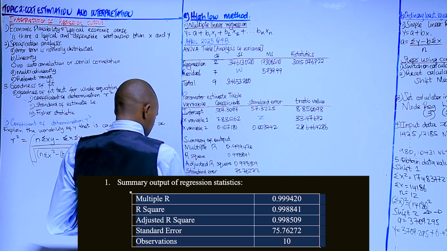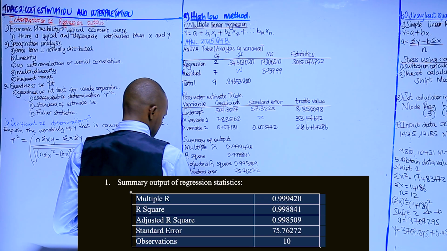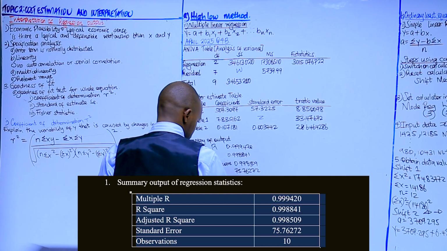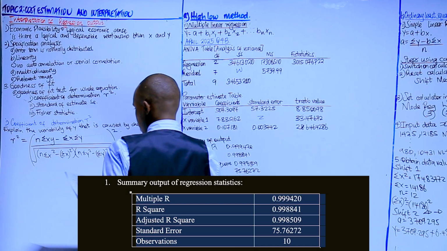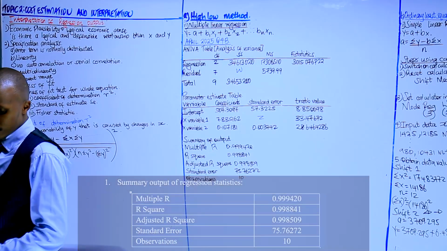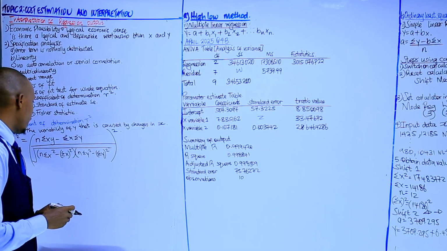The number of observations in total is 10. Alright, so let me use this question to show you how you deal with R.